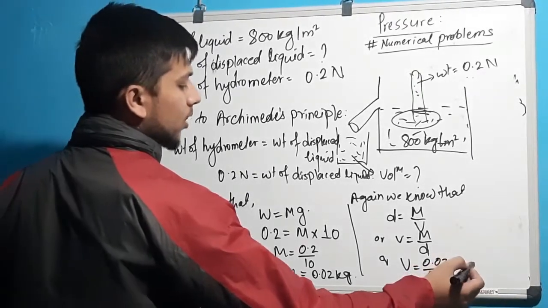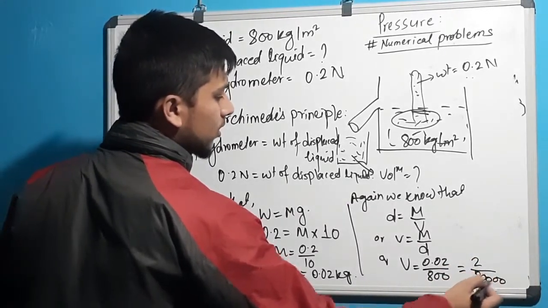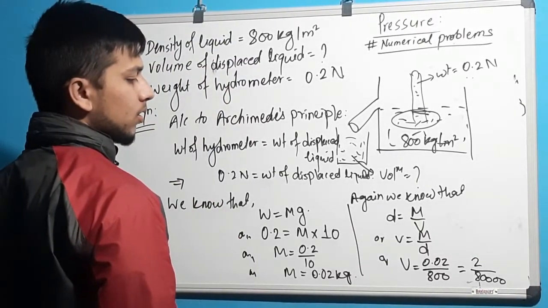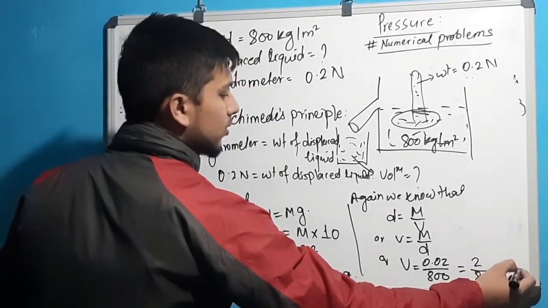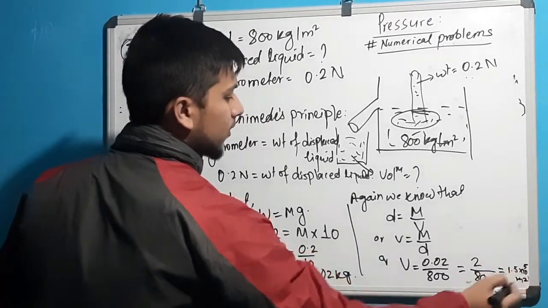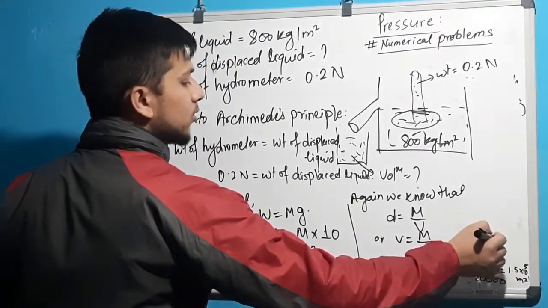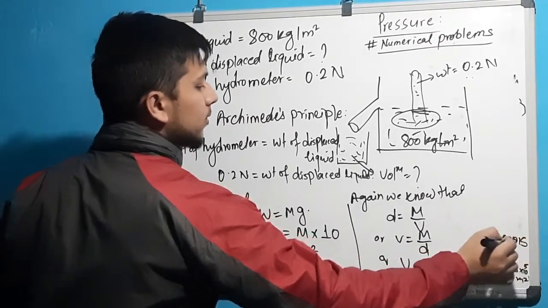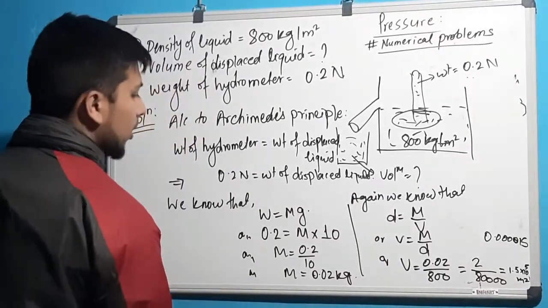You have to make a calculation. This is 2 upon 8000. This will be 1.5 into 10 to the power minus 5 meter cube, that means 0.000015 meter cube. You have to do it on calculator. This will be the solution.